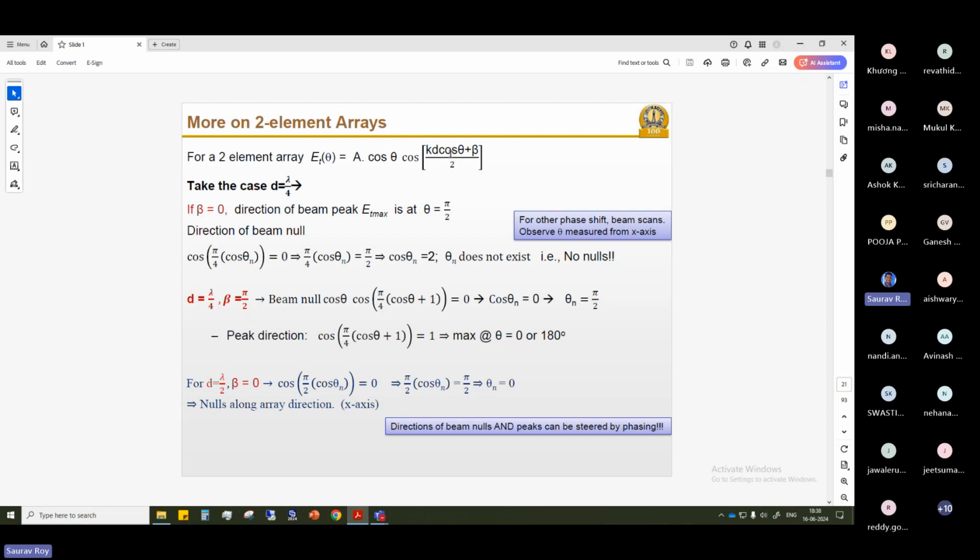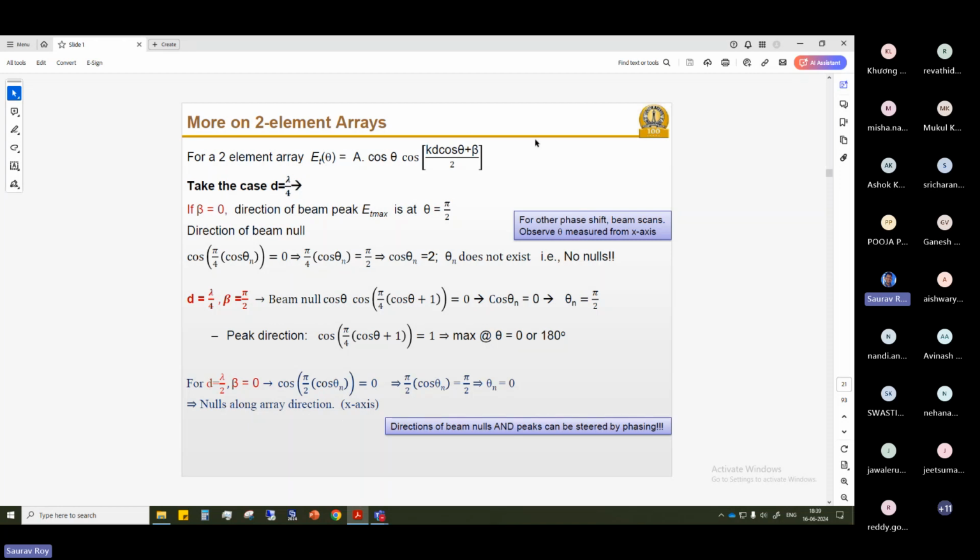Beta is 0 here, so kd cos theta by 2 has to be pi. From that you get theta equals pi by 2. So cos of that term becomes 0 and cos 0 is 1. So for theta at pi by 2 direction, you will have a peak. That means at the broadside direction, you have a beam peak.